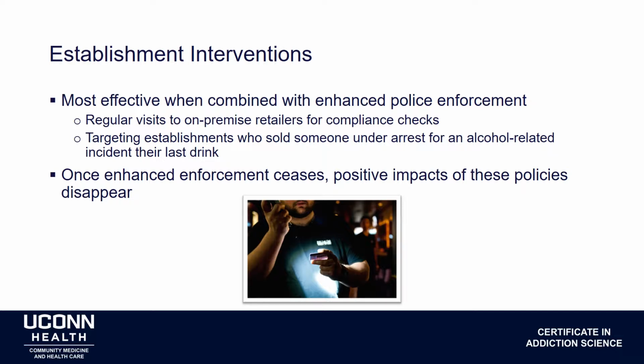And it's also important to target repeat offenders. So if there has been an establishment that got in trouble, that served alcohol to a minor or served a patron who is drunk, it's best to focus your efforts on them. Again, all resources are limited, to make sure they don't commit the same violation in the future.